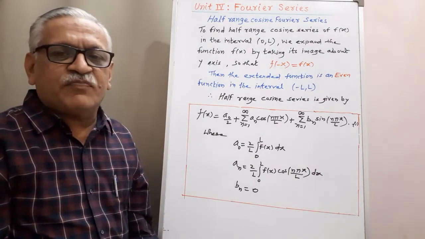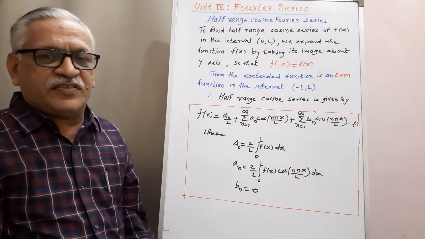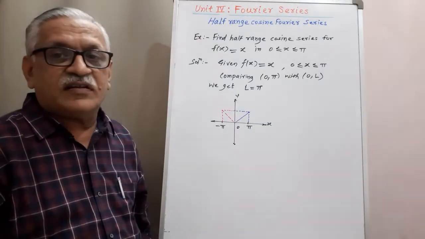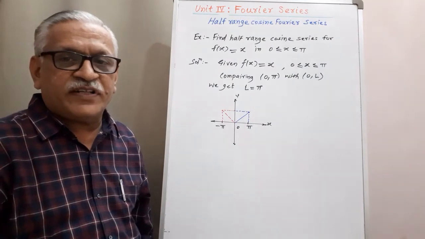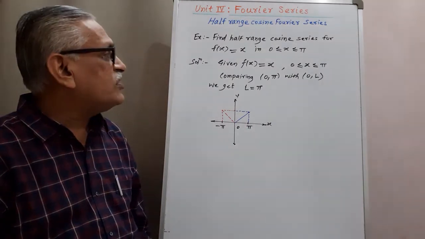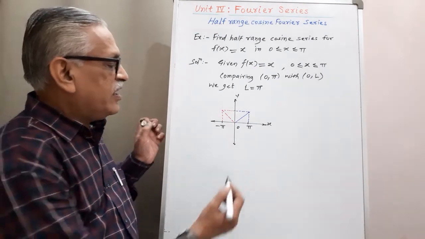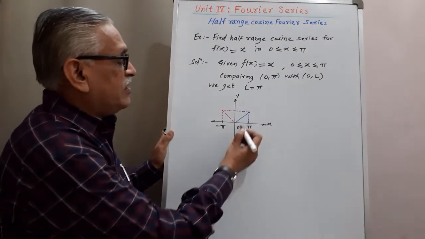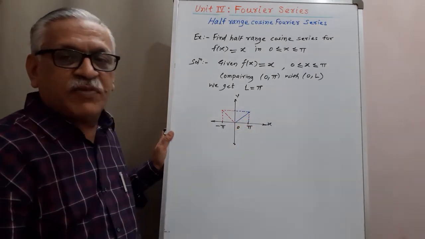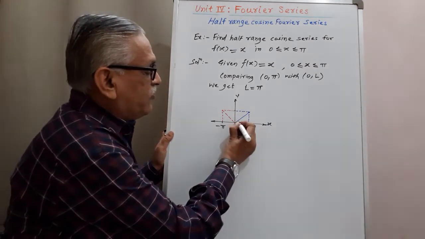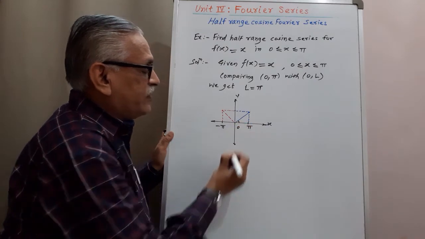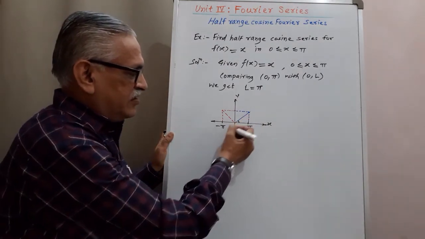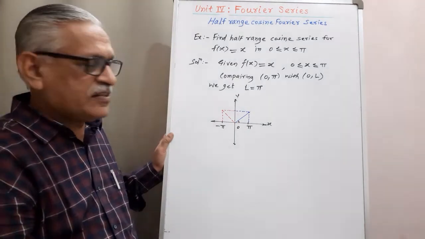Let us solve one simple problem of half range cosine series. Plotting that function y equal to x, or f of x equal to x, in the interval 0 to pi on the x-axis, we get a straight line passing through the origin, and the angle of inclination is 45 degrees with the x-axis, which I have shown in blue color.